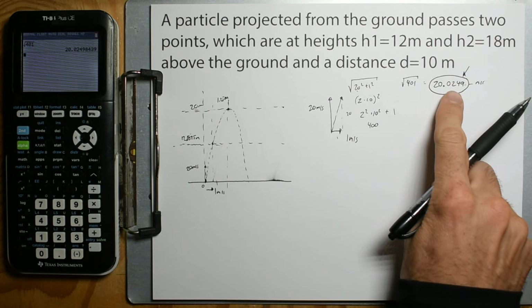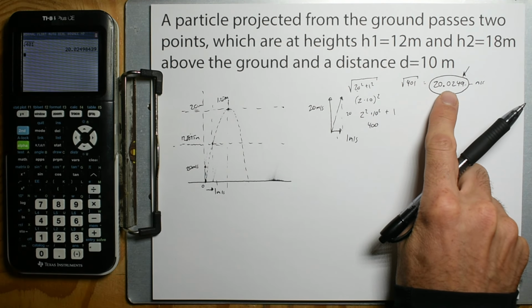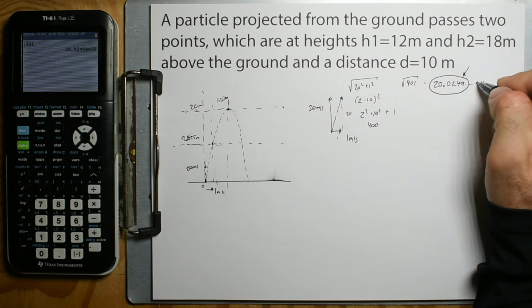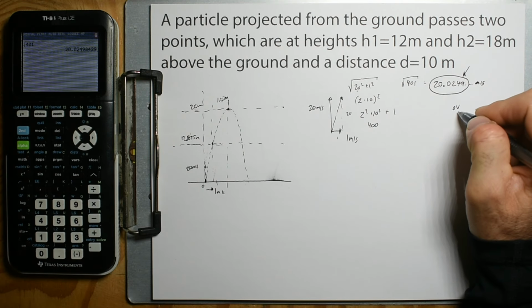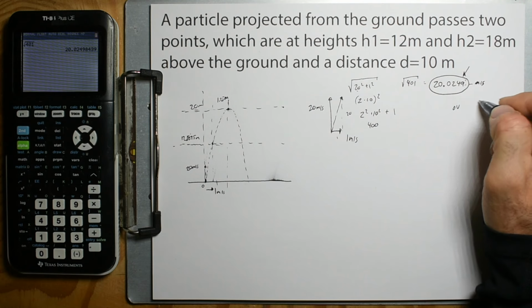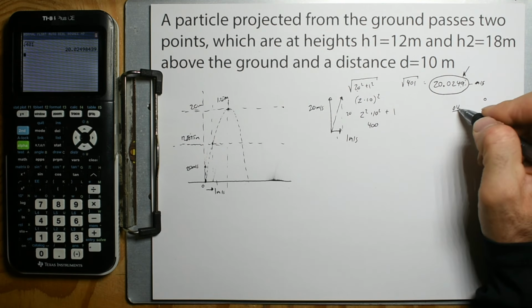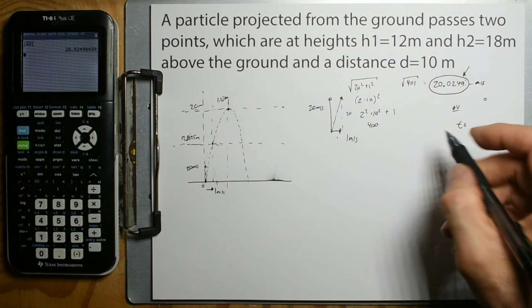Let's say I just shot this straight up with this initial velocity. Well then, because this is the initial velocity straight up, the change in velocity is going to go from this to 0. And so that's going to be the change in velocity. The time it takes to do that, and let's use an equation.